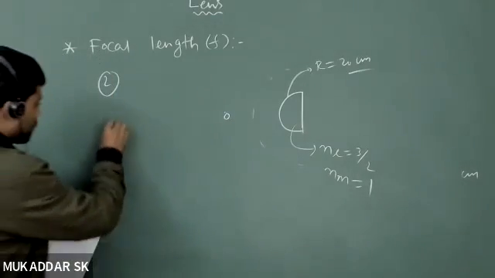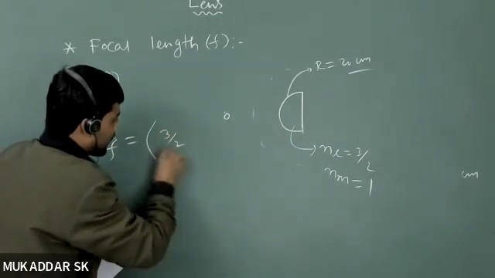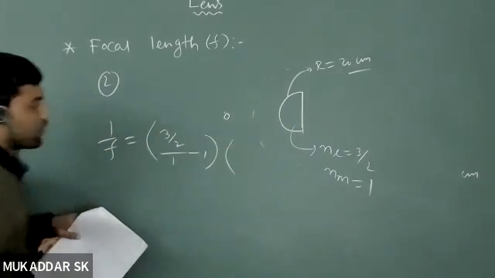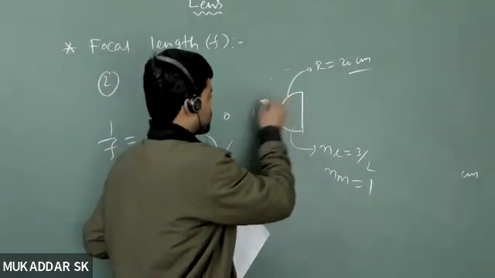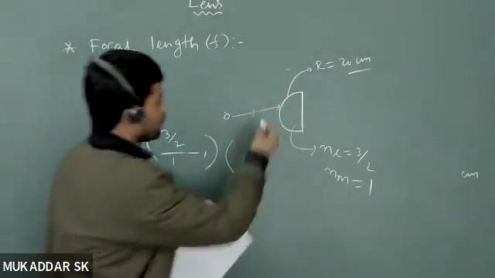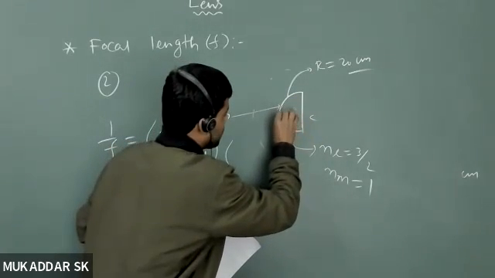Again, I'll use the same formula, 1/f equals NL, that is 3/2, over NM, the surrounding refractive index 1, minus 1, then 1 by R1. R1 will be the radius of curvature of this surface because the ray will strike first here. And R1 will be positive because the center of this surface will be somewhere here, and you have to calculate the distance from the pole to this.